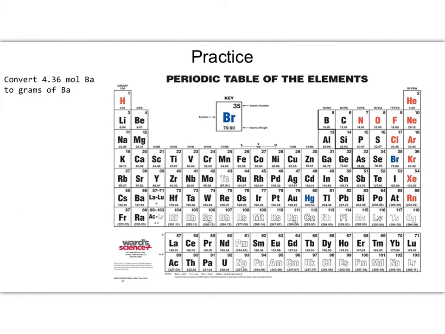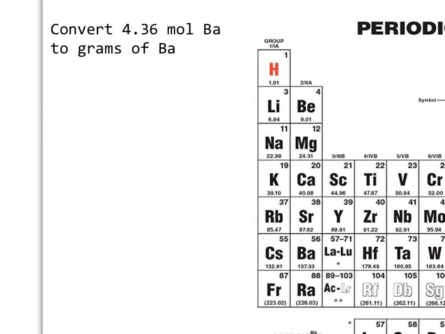All right, now we're going to convert 4.36 moles of barium, Ba, to grams of barium. Okay, so let's see. We have 4.36 moles, and then we're going to multiply that times the molar mass, because when you go from moles to grams, you multiply times the molar mass of barium.